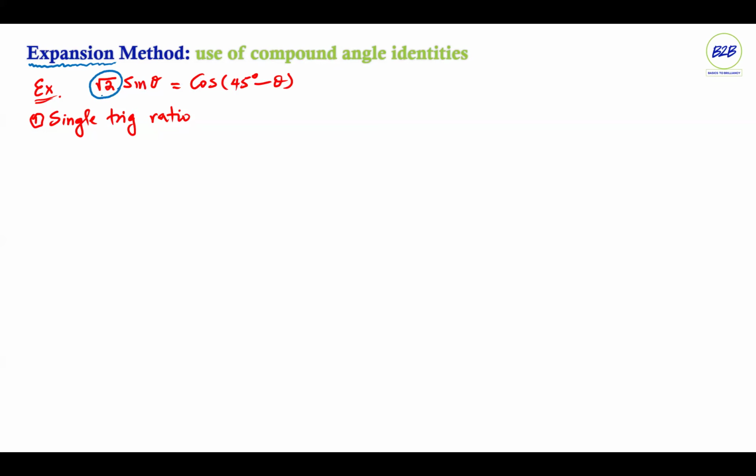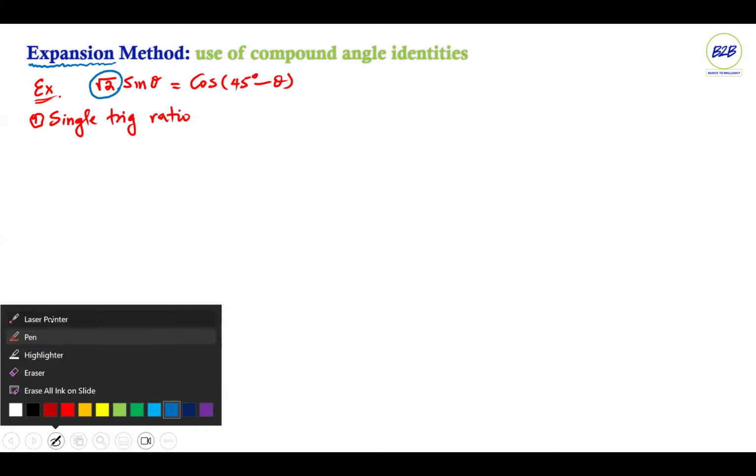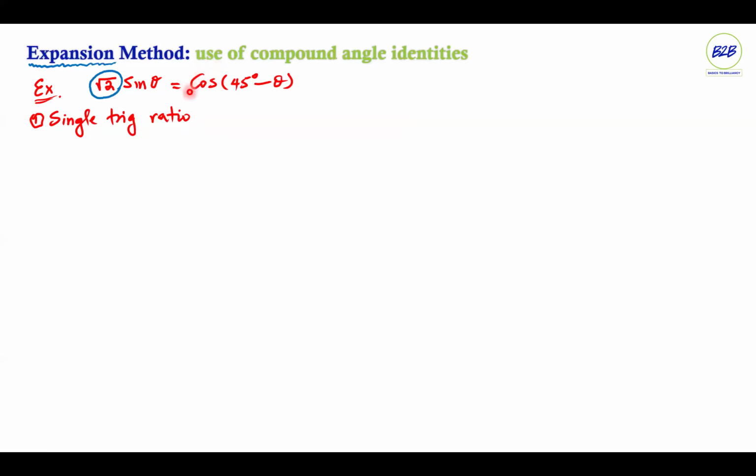Remember, what did we say previously? What must be the coefficient of cos? We said it must strictly be positive 1, and it is in this case. We are happy with that. What did we say about the coefficient of sine?